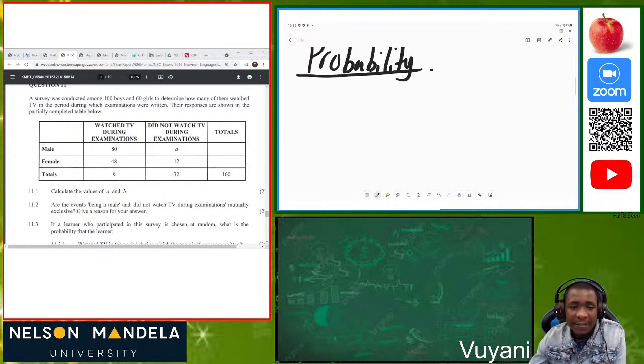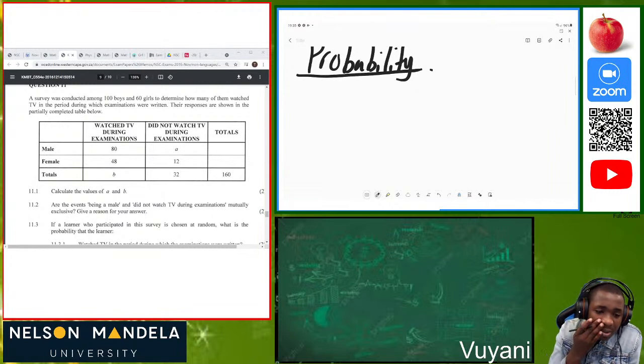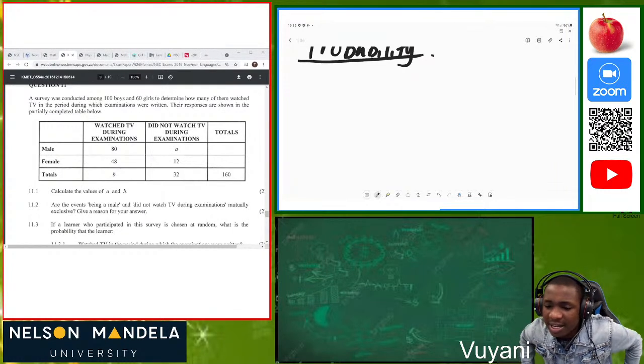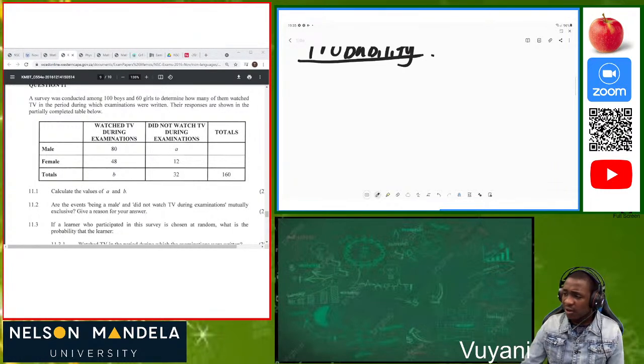On probability, we were taught about few things in probability. We have to understand that when we are told to calculate probability, it has 5 or 6 formulas which you just have to know by head. So these formulas, let me just write them down for you right now.